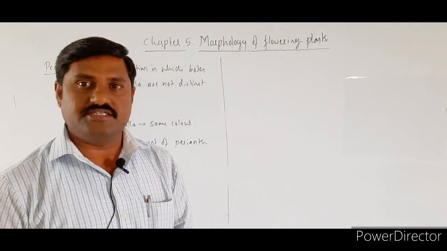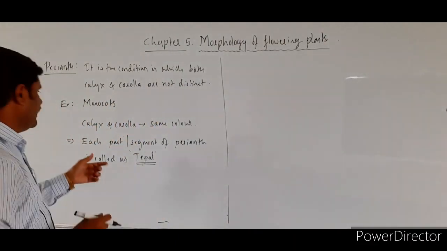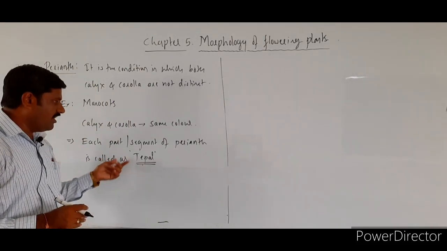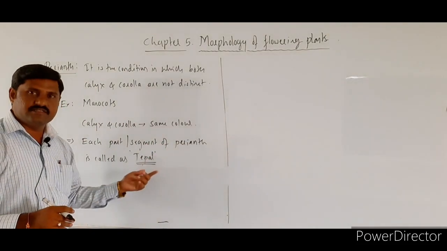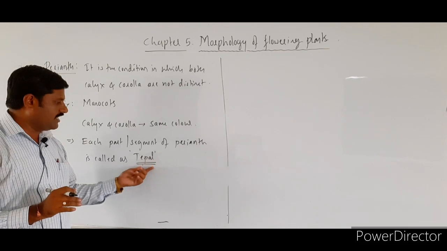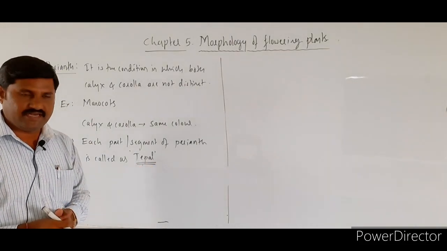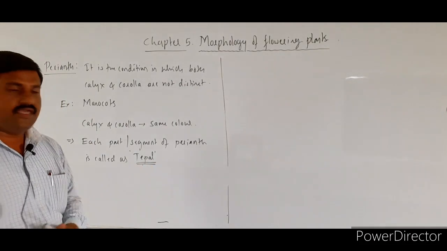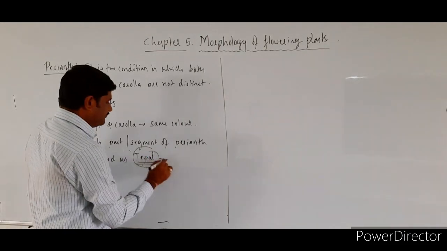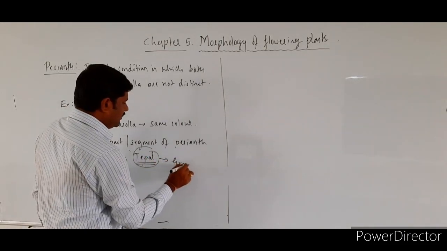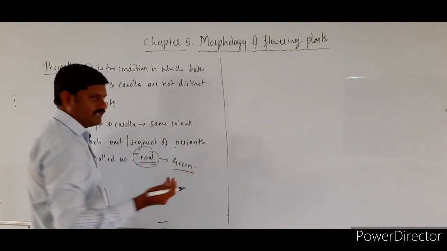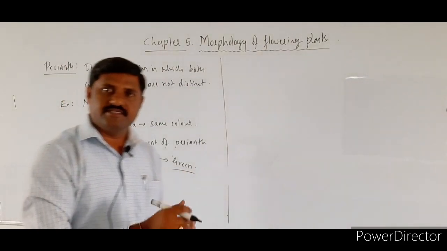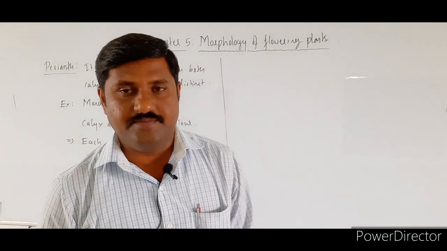So here each segment of the perianth whorl itself is said to be a tepal, right? So these tepals may be green in color, so hence we cannot distinguish which is calyx, which is corolla.